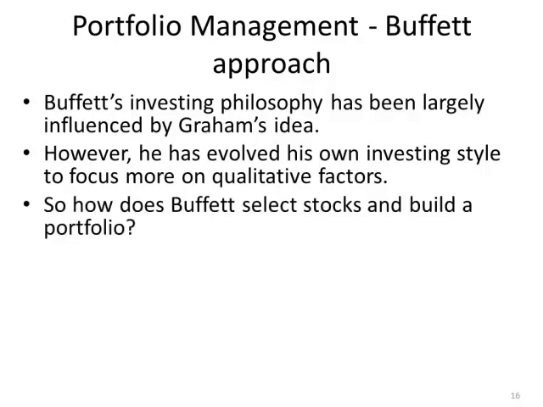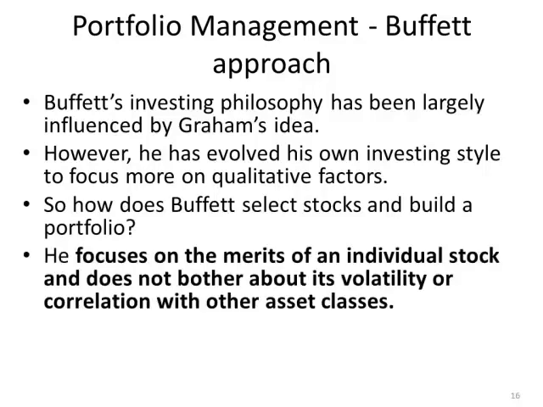So what is the Buffett way of selecting stocks and building a portfolio? Warren Buffett focuses on the merits of an individual stock and does not bother about its volatility or correlation with other asset classes. And this is kind of the exact opposite of modern portfolio theory, right?